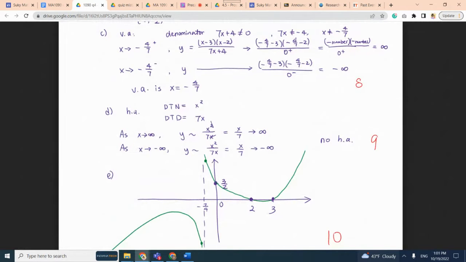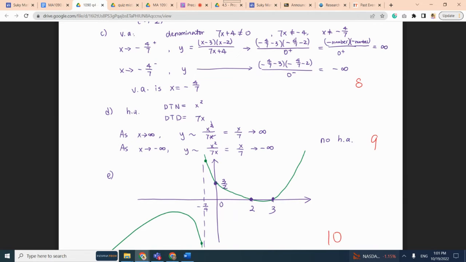It has x-intercepts 2 and 3, so we plot the 2 and 3. It has the y-intercept 0, 3 half. Okay, plot this point. And when x goes to negative 4 over 7, right here. So by the way, on your graph, please label.